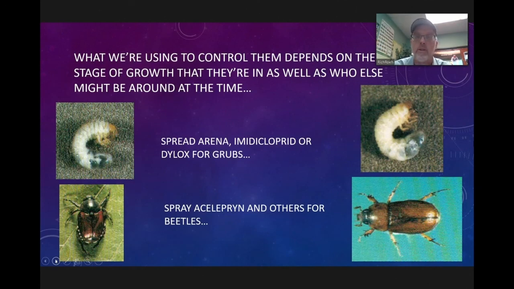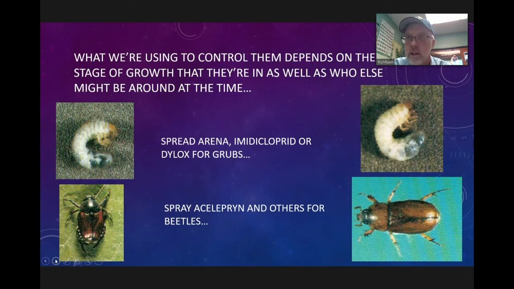Acelepryn is one of the cleanest, safest materials that you will ever spray on an insect. It's designed for one pest only, and that pest is Japanese beetles when they're in the adult stage. You can spray it on the rose, you can spray it on the linden tree, and the big point about acelepryn is it's not going to kill the bee that is going to come visit.